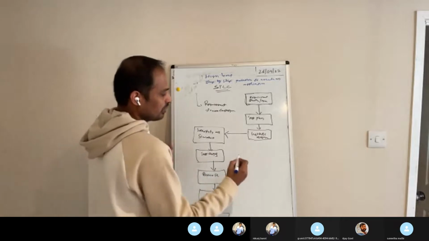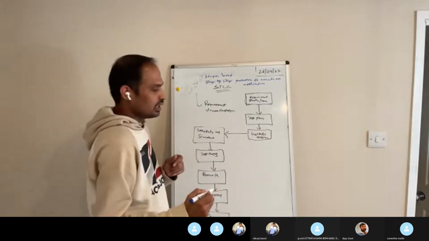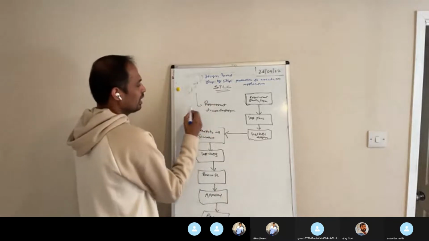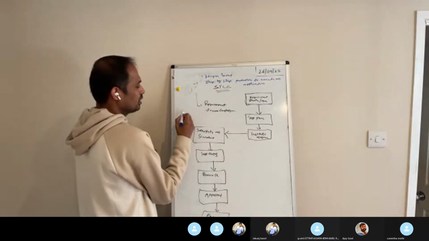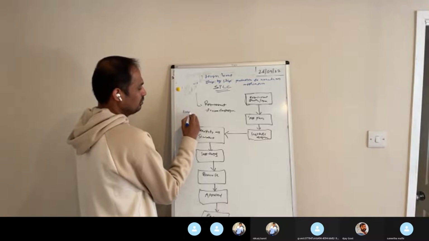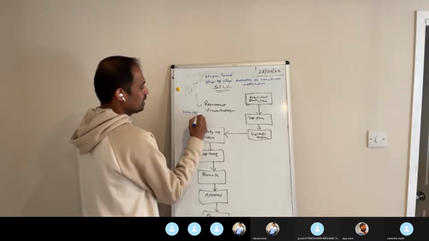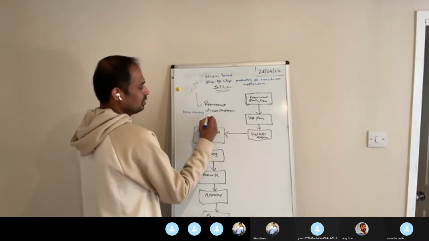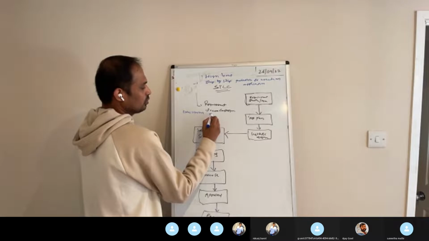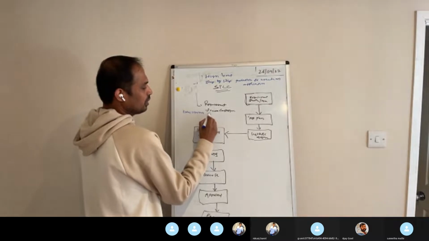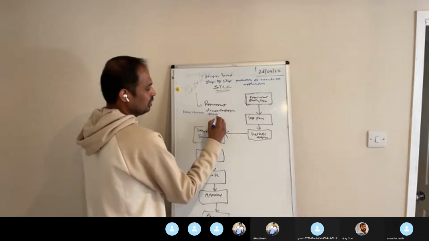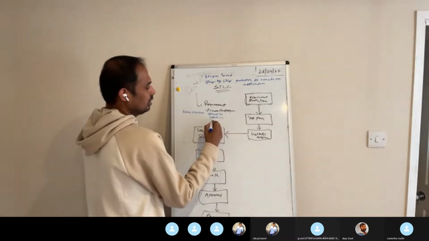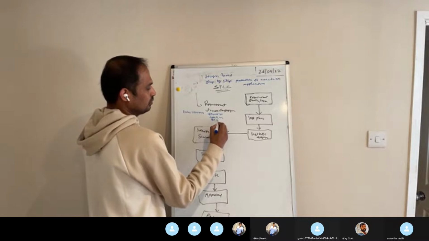Suppose you want to test the login functionality, as I explained yesterday. We write: enter the username, that is one step. Then what is the expected result? We should be able to enter the username in the username edit box.